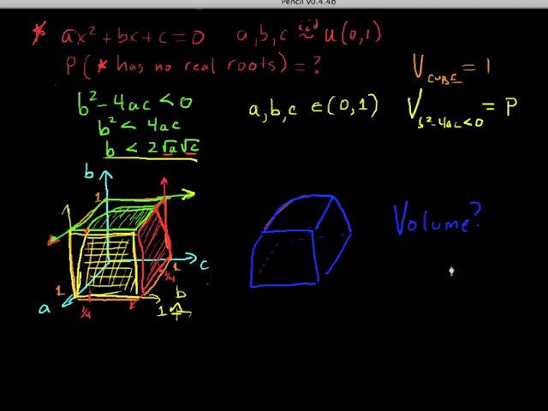When A equals 1 and C equals 1, B is not equal to, but really less than 2.